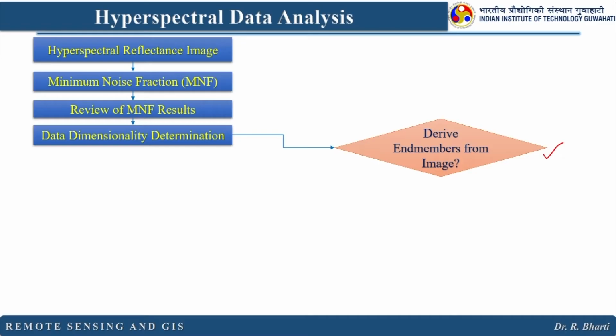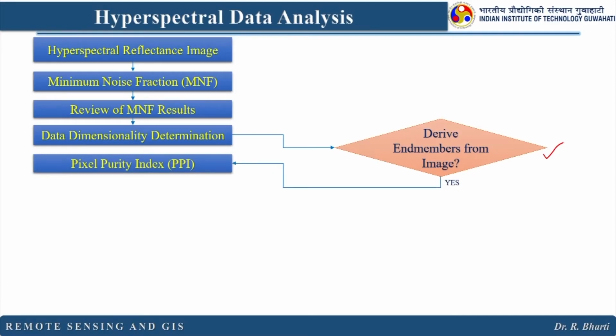That means you have brought the spectroradiometer to the field, measured the reflectance spectra, and want to incorporate that information to classify this image, right? If yes, you want to derive the end members from the image, then we have to run the pixel purity index.